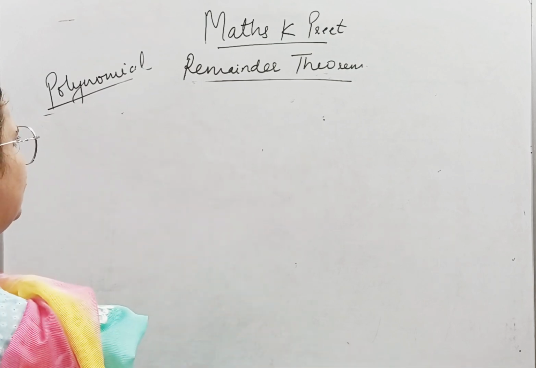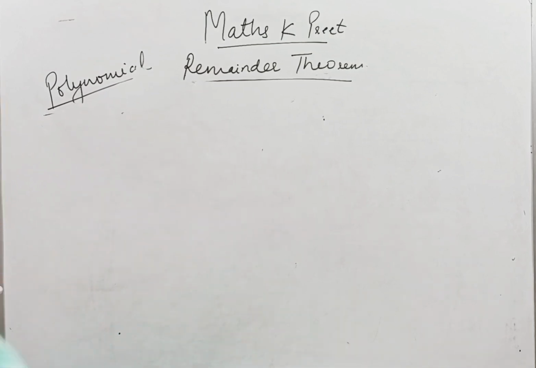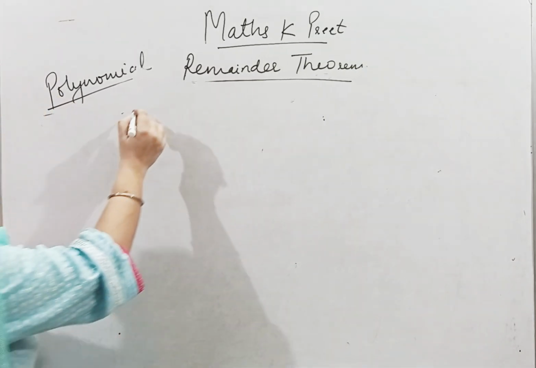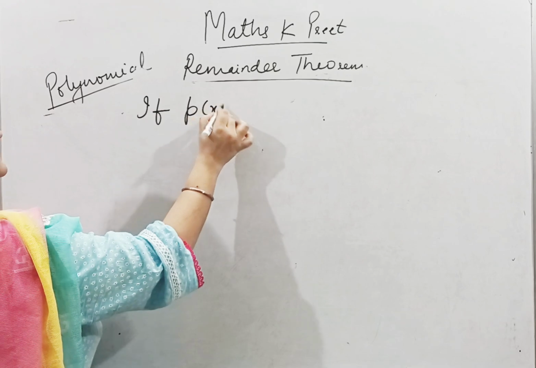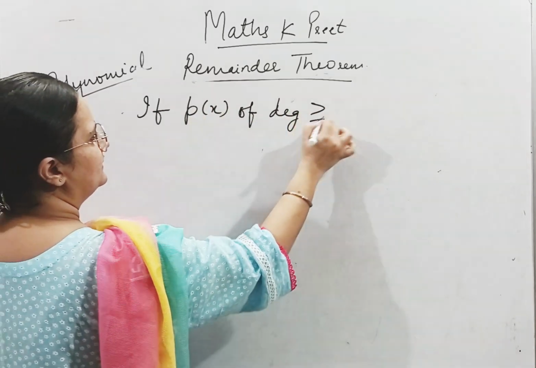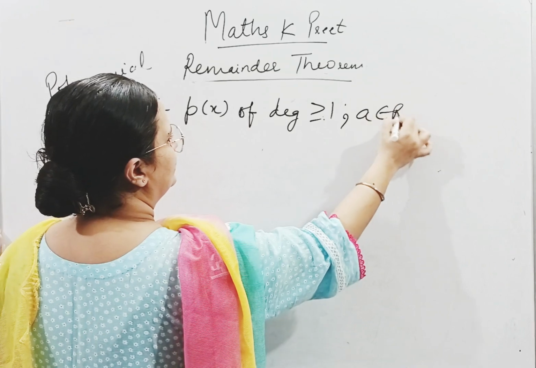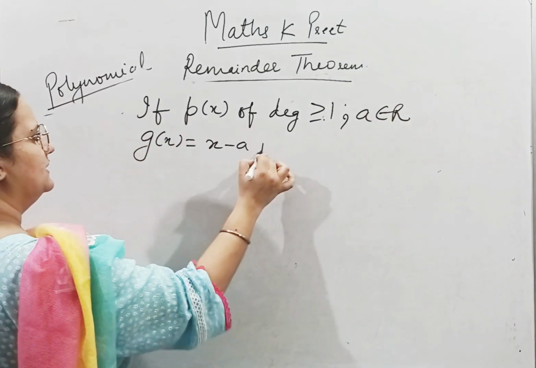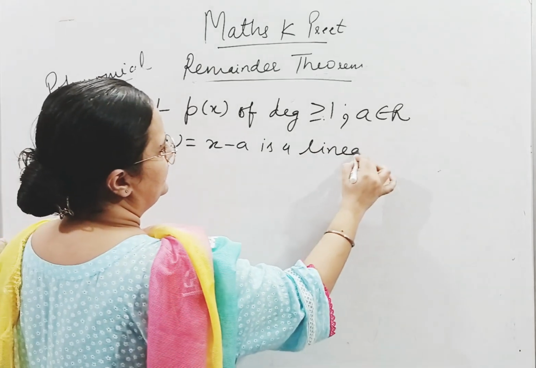So what does factor theorem say? It says if p of x is a polynomial of degree greater than or equal to 1, a is a real number and g of x is equal to x minus a is a linear polynomial.